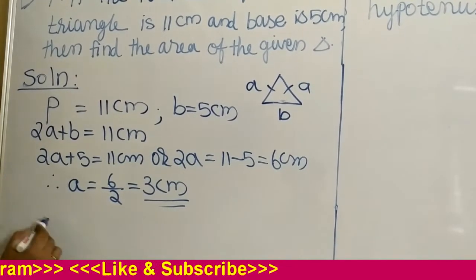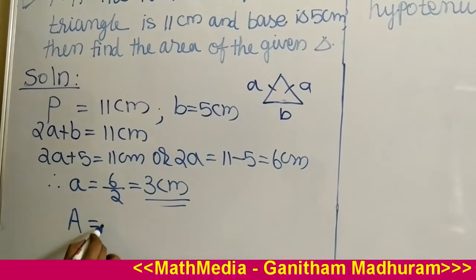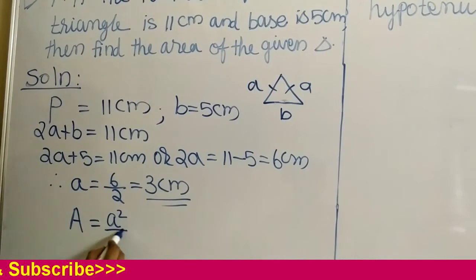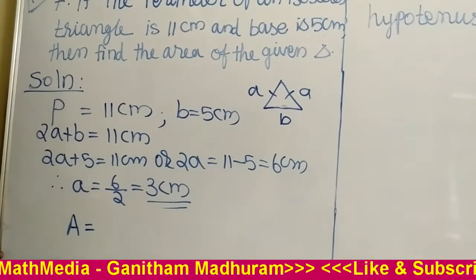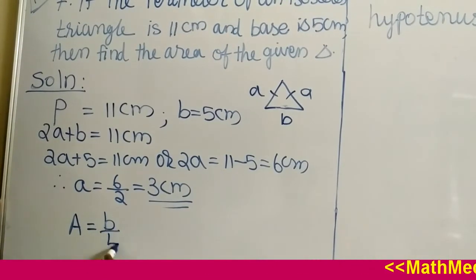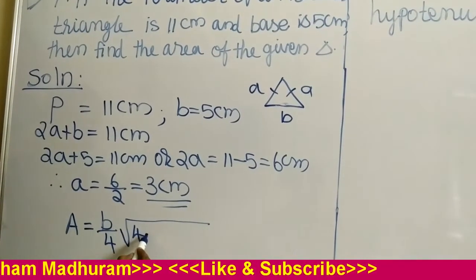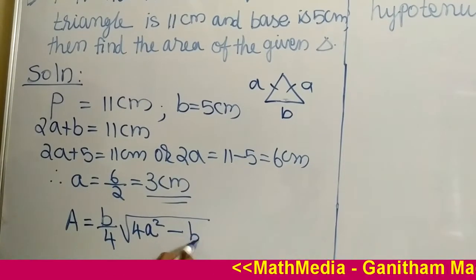Now we can find the area of an isosceles triangle. The area of an isosceles triangle is b by 4 into square root of 4a square minus b square.